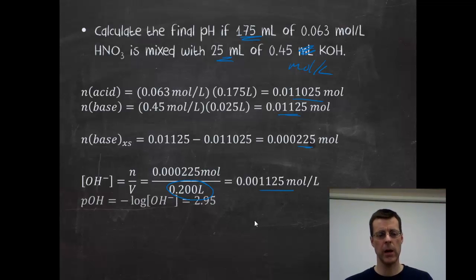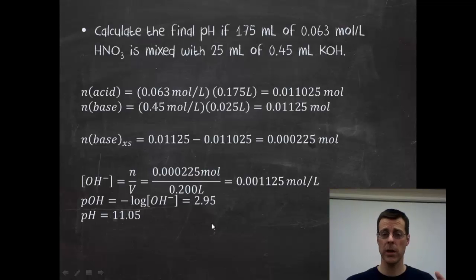And then you use that, and clean it up a little, to find the pOH. Remember, it's a base, so pOH, and then find the pH is 11.5. So it's a lot of work, a lot of steps. It's not that hard to do, but we do need to keep track of a lot of things. Sorry if I was doing this and you thought I meant something else. It's just keeping track of all kinds of stuff.